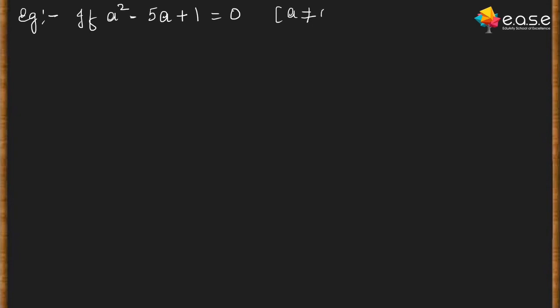We have to then find a plus 1 by a, and this is the first thing we have to find, and the second thing that we have to find is a square plus 1 by a square. You guys have seen that first we find the first answer, in the second question we can use that answer.